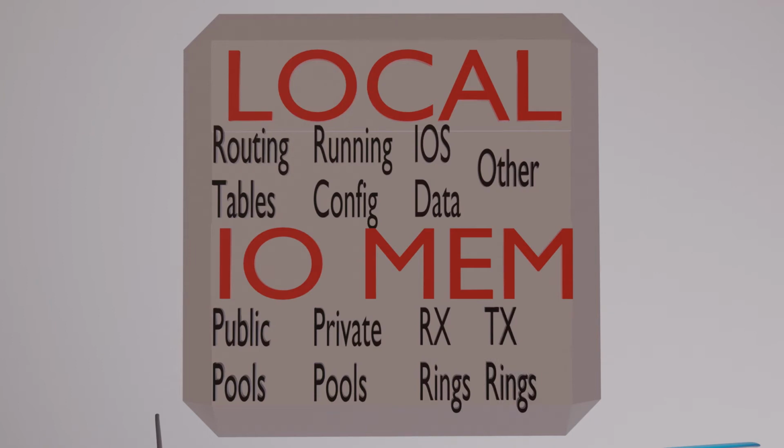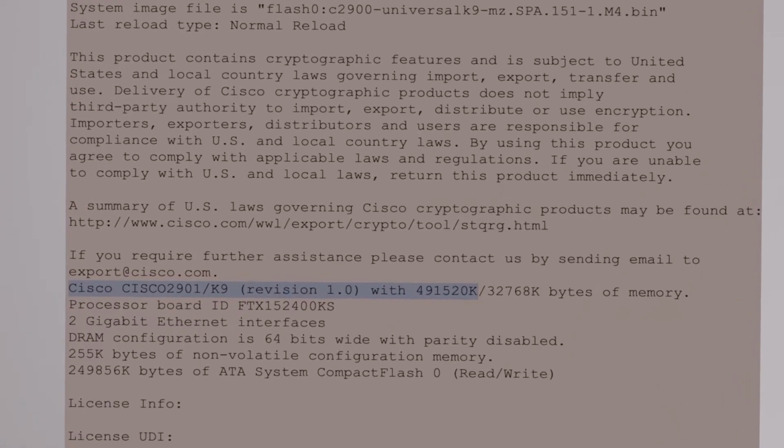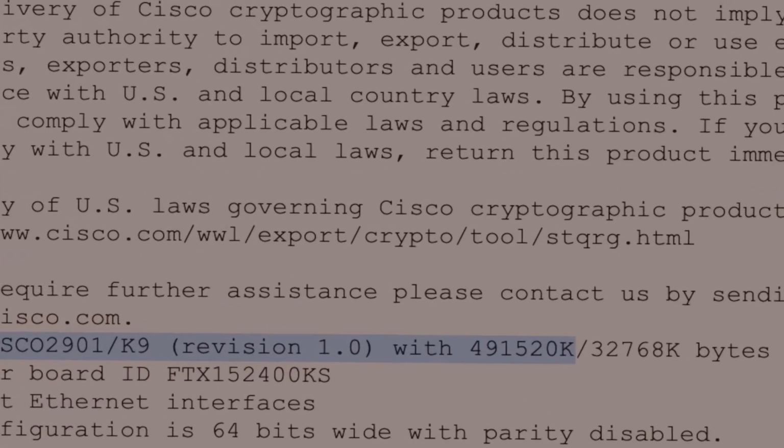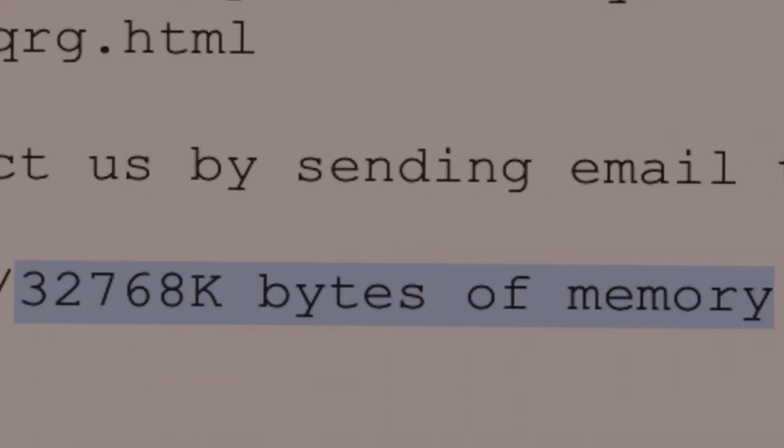When you execute the show version command and scroll to the router's memory capacity, you'll see two numbers separated by a slash. The first number represents the router's local storage memory and is where routing tables, running configurations, and IOS data are stored. The second number represents the I/O memory portion of DRAM and is where the router stores packets.